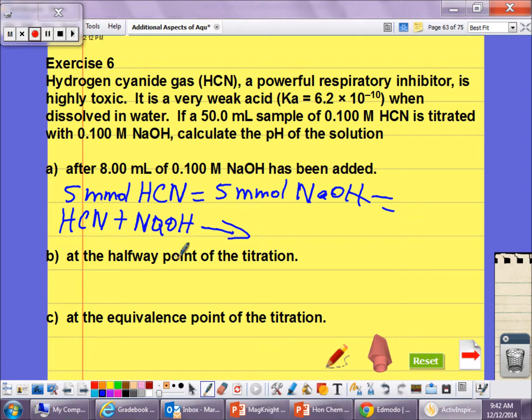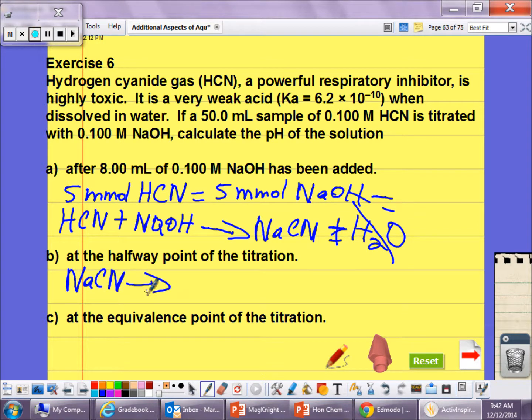This is not equilibrium, it's stoichiometry. We don't care about the water. Sodium cyanide is a soluble salt. NaCN will dissociate completely into Na plus and CN minus.